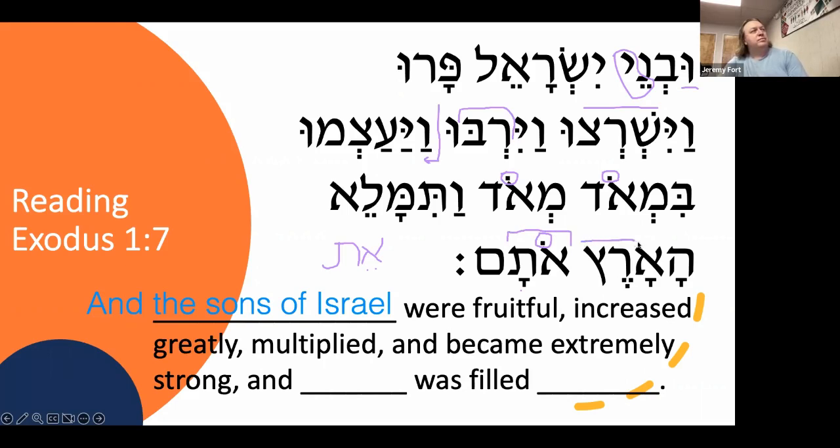Eretz. What else do you see? If you see it, you can just say it out. And if you're not sure, say it out. Earth, we got that. Yep. The earth. Yep. So how do we know this is the definite article? Because it's on an article.